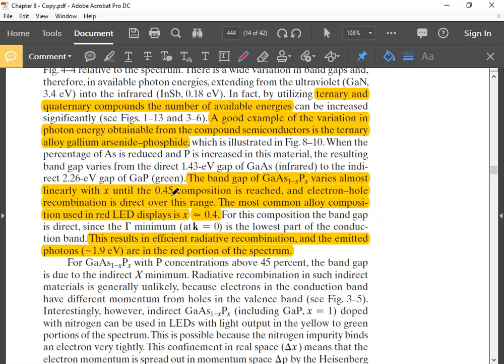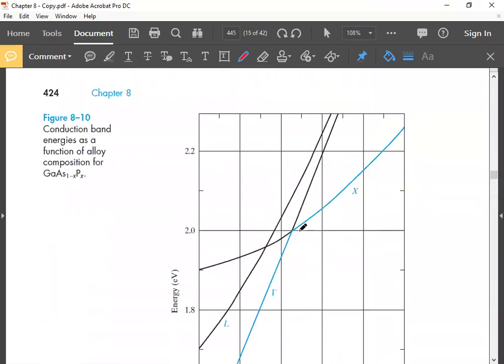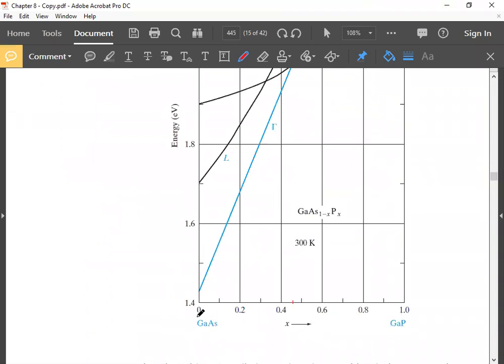For that composition, from x equal to 0 up to that point, the material remains direct, so it can be used as LED material, and the band gap is variable. Band gap varies with the composition. It's shown here, x is 0, x is 1. When x is 0, we have gallium arsenide. When x is 1, we have gallium phosphide.